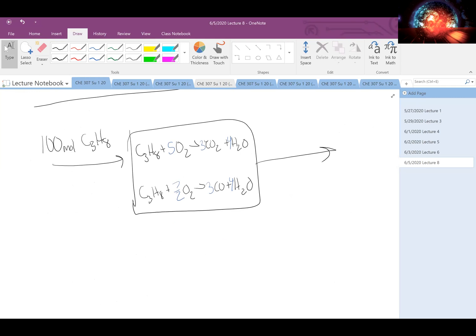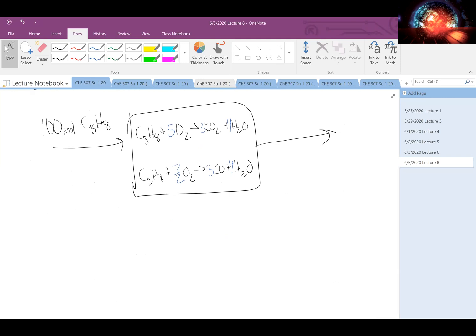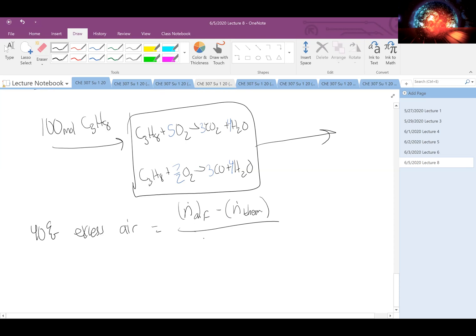In order to get my air feed, I have to rely on the information that there's 40% excess air. And that should be equal to the air fed minus the air theoretical, over the air theoretical, times 100.